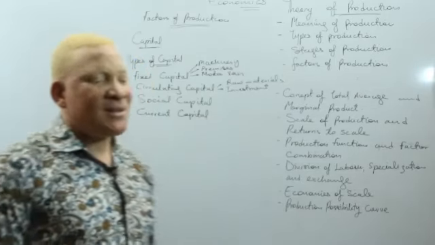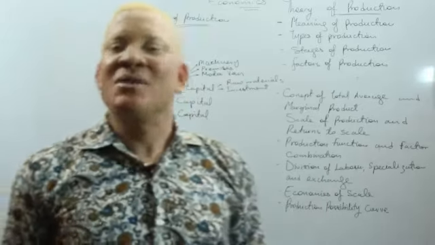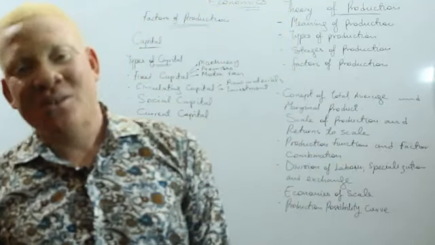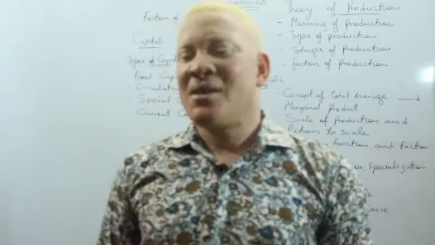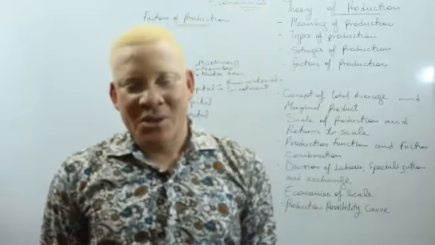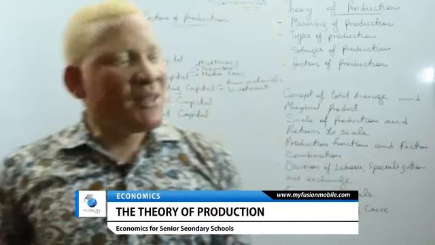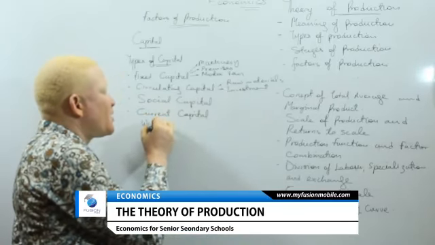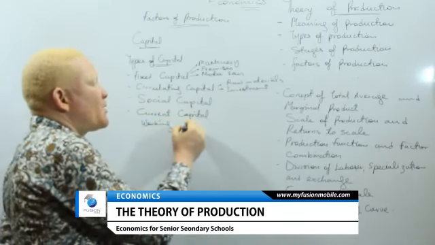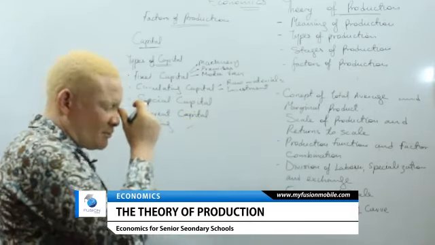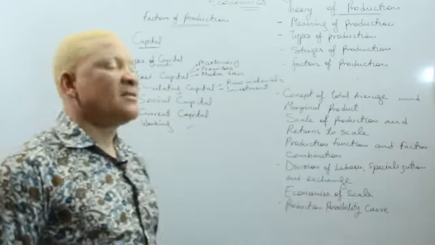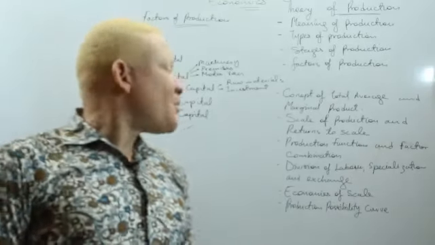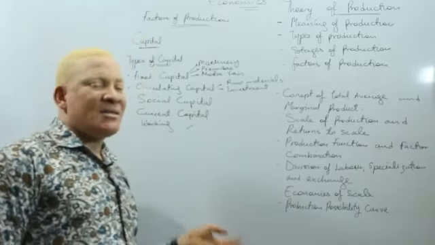Current capital. Current capital refers to capital that is made available for the day-to-day operations or the day-to-day running of an organization or of the production process. Now, the current capital here is also the same thing as the working capital. Now, the working capital, of course, in accounting terms, we say is what?